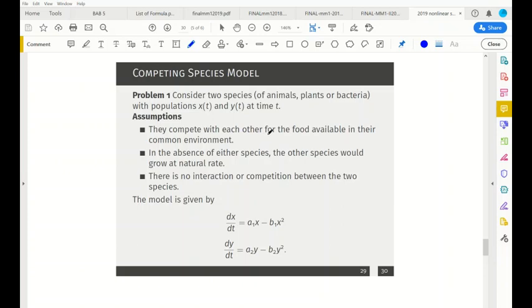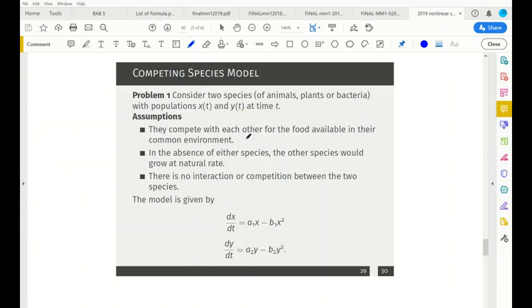So if we see in the predator prey, we have competition between x and y. But now this is competition within the same species. Due to this competition, it may lead to the decline of the population.